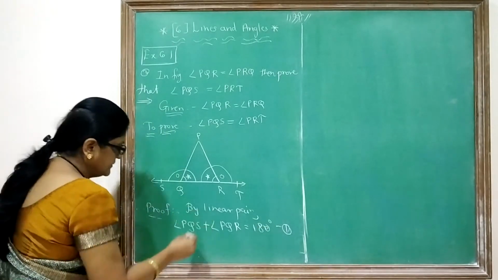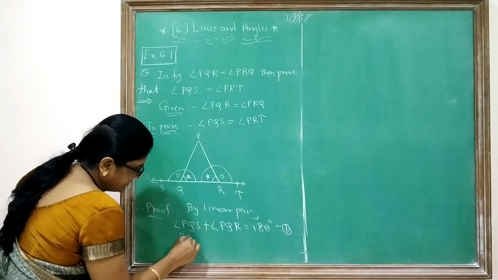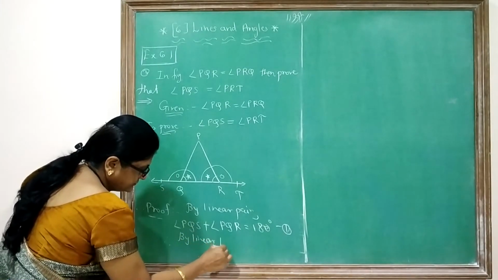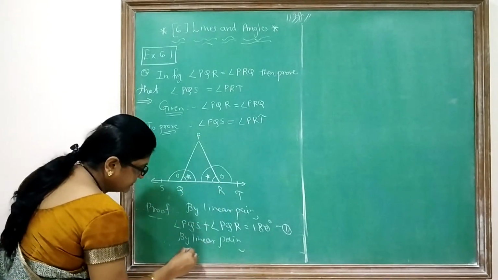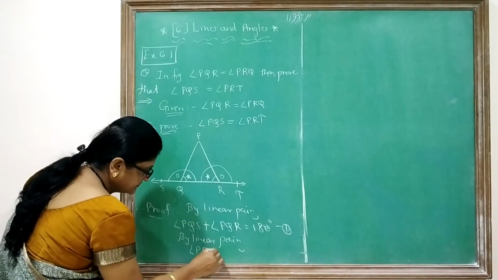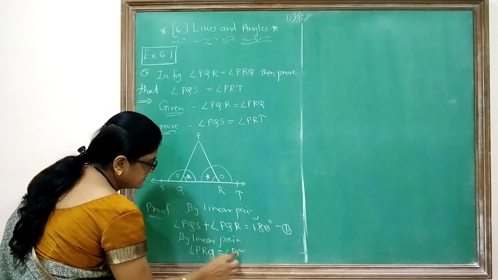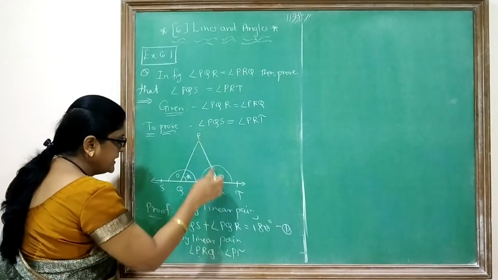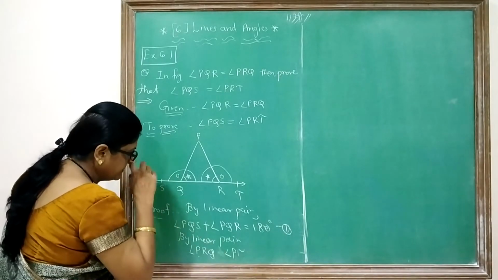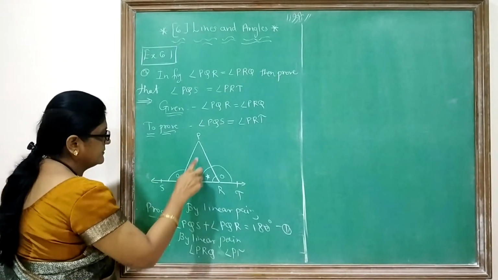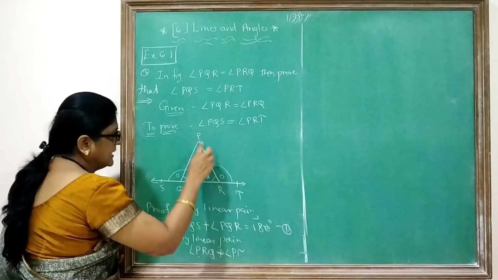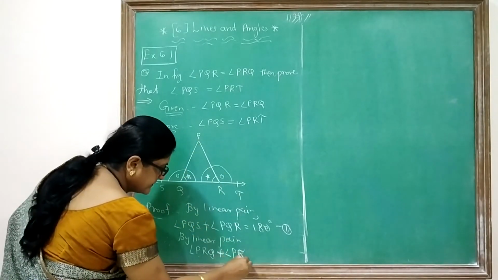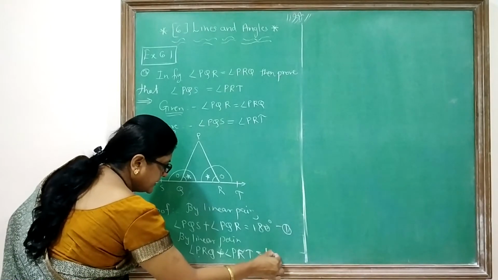Then again you will write here linear pair. Angle PRQ plus angle PRT equal to what? 180 degree.